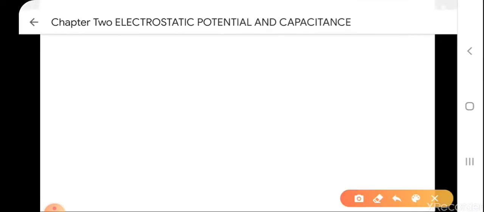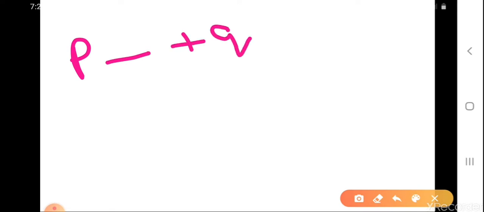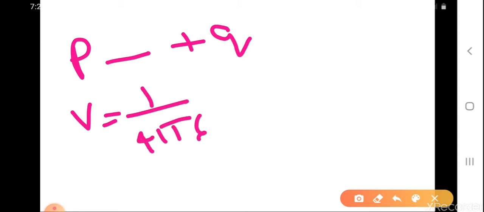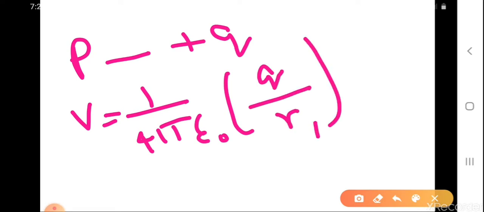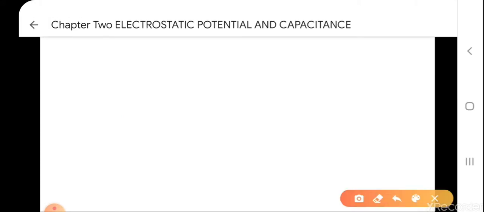Now the potential at P due to plus q, the formula is V equals 1 by 4 pi epsilon naught, q by r1. Similarly, potential at P due to minus q, how will this change?